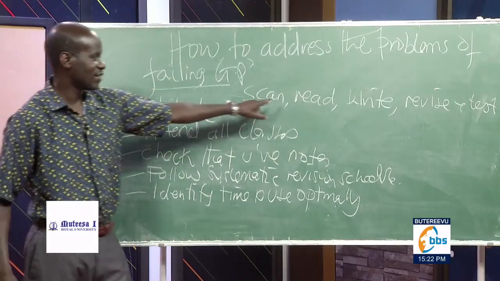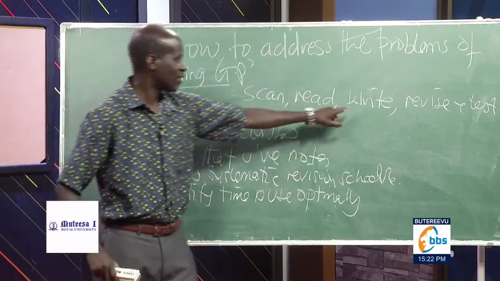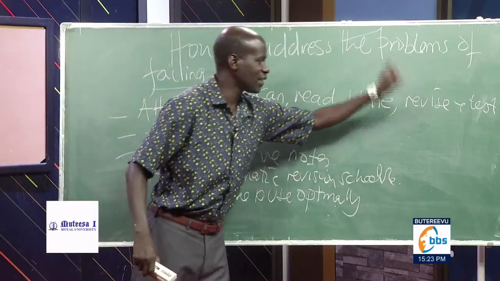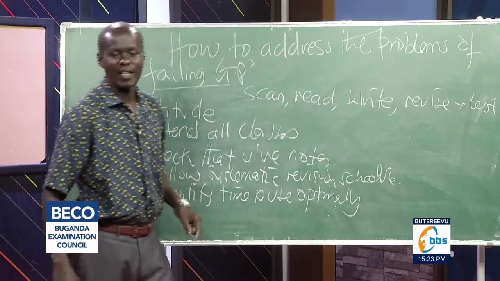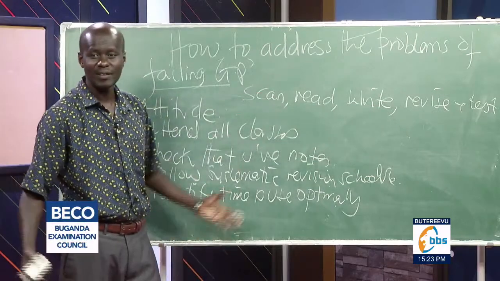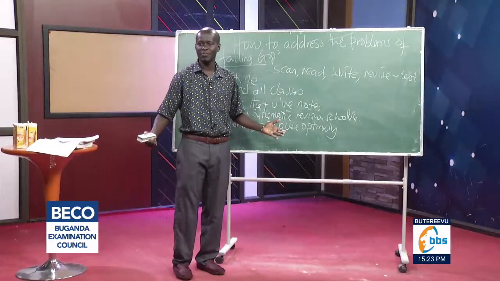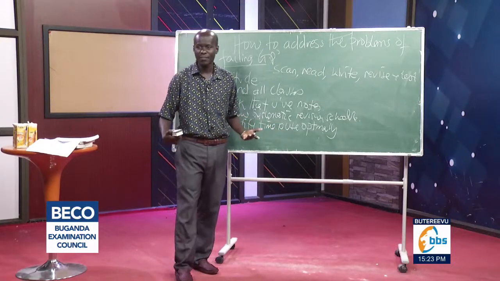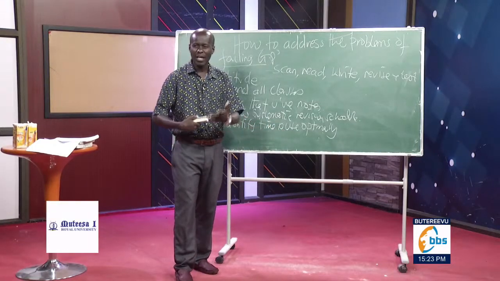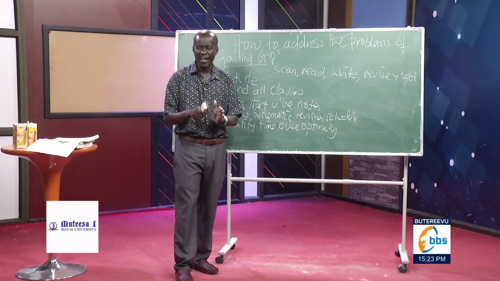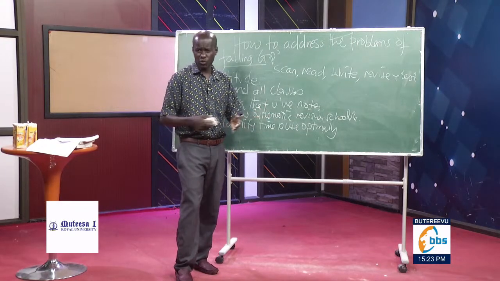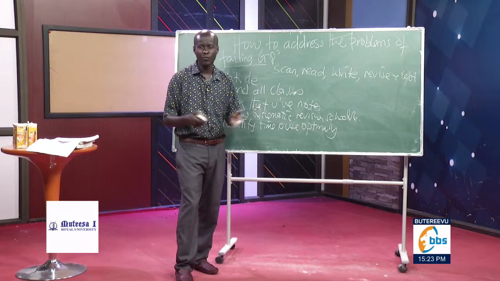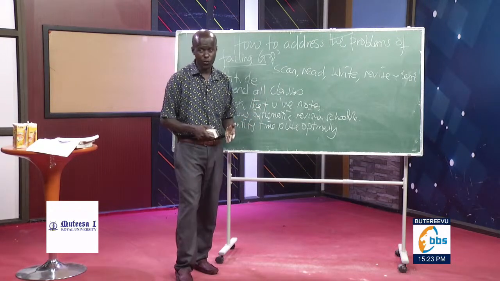Scan, read, write, revise, and test. Let me start with the last one, test. Many of you know what is called QBs. What are QBs? Question banks. How do you get them? They are series of past papers bound together by UNEB. You can find them on the streets, you can find them in your libraries, you can find them from friends. Your parents can buy them for you.